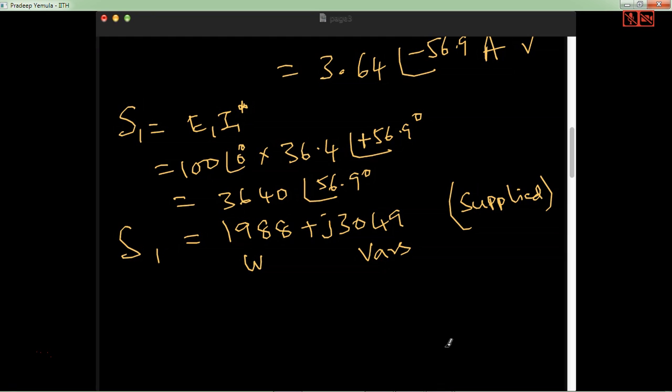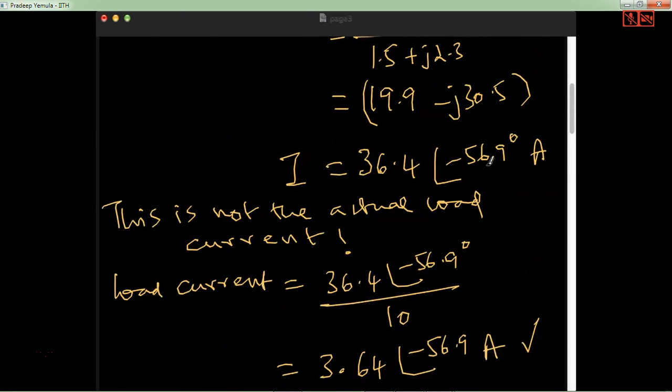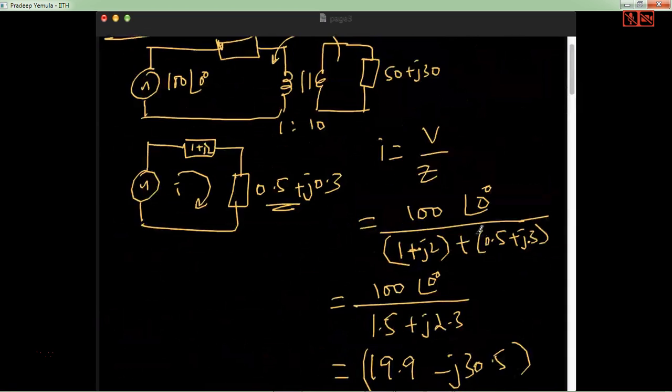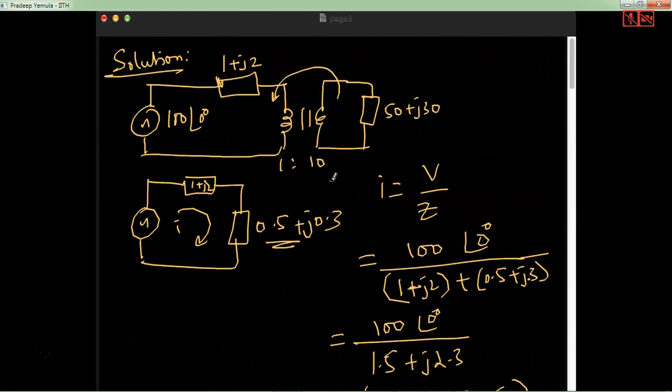Okay. So again, some of the answers I got, 2002 and J339, that is also wrong. So anyway, you understood this. So this is a method without using the per unit system. But using the per unit system, you can eliminate the transformer and convert all the values into a common per unit.